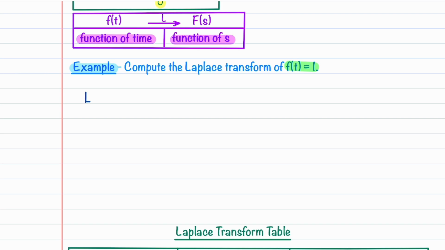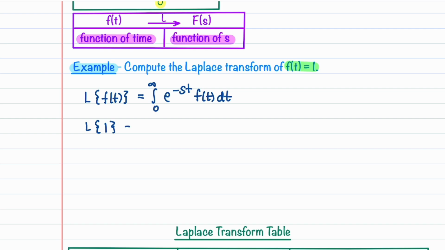The Laplace transform of any function f of t is the integral from 0 to infinity of e to the minus st times f of t dt. Now let's substitute in that our function f of t is equal to 1.